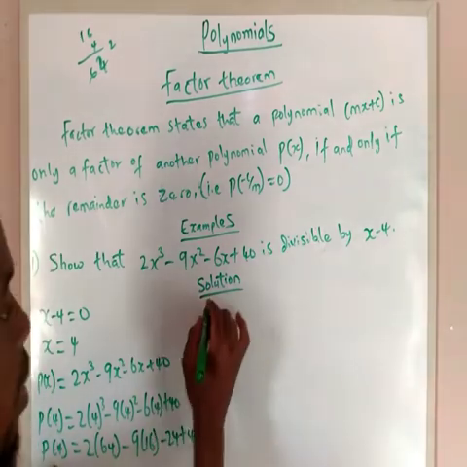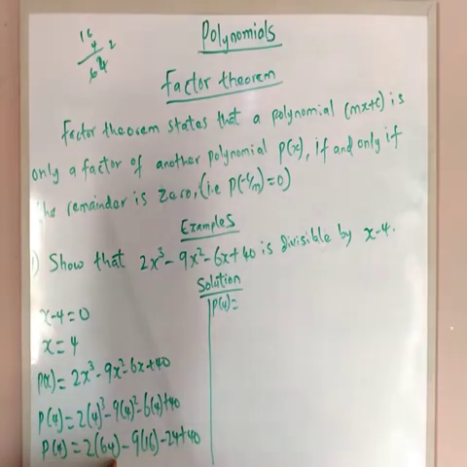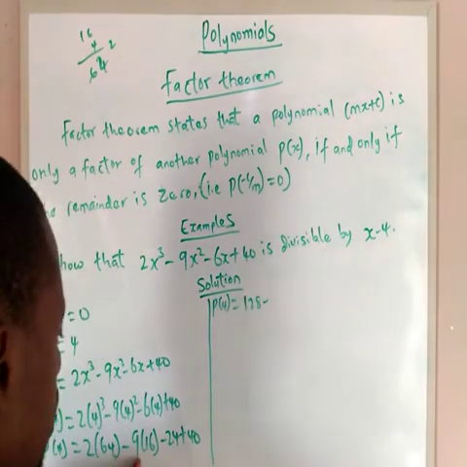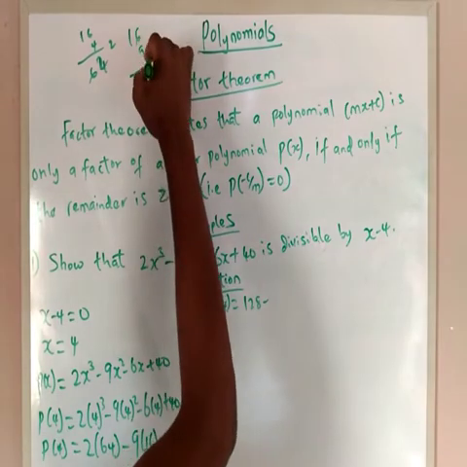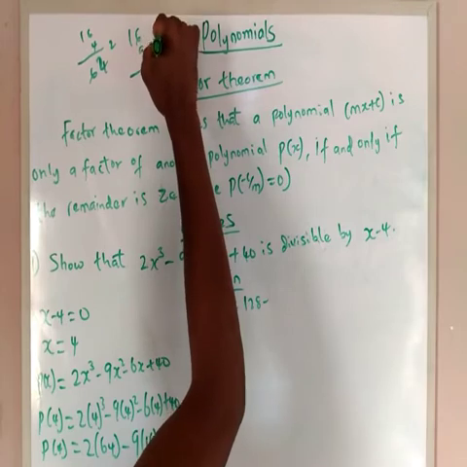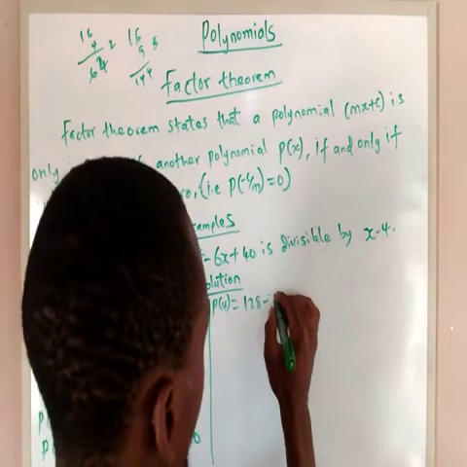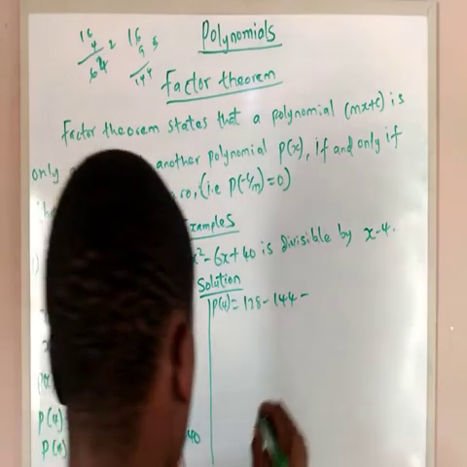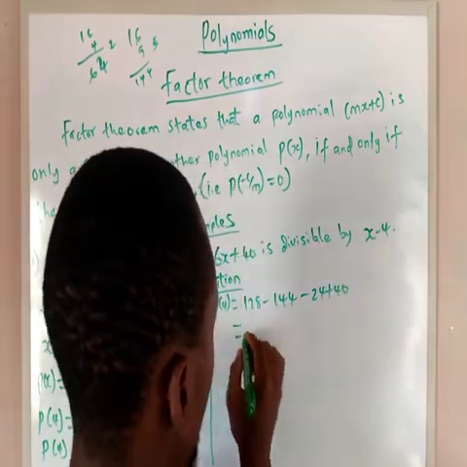Now, our p of 4 will be equal to 2 times 64, that will be 128, minus 9 times 16, that will be 144, so we have minus 144 minus 24 plus 40.